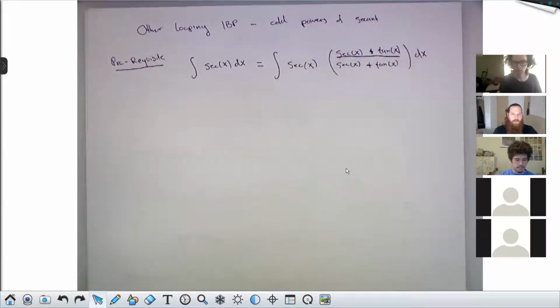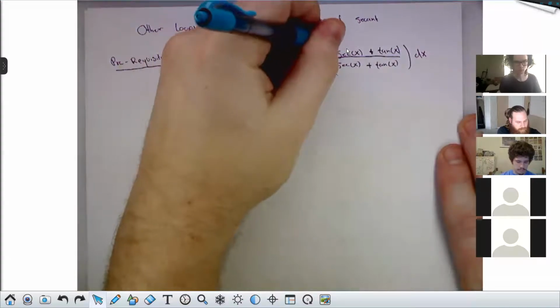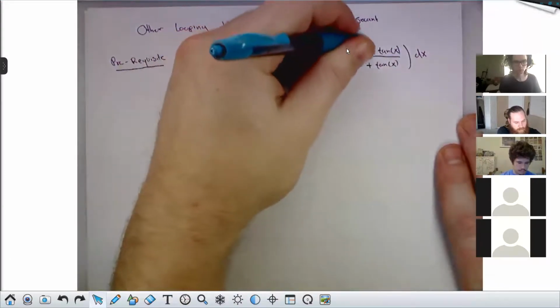Now the secant over here, this is the same as secant x over 1. So if I multiply these fractions, the secant is going to get distributed across this numerator. So this is going to hit here and here.